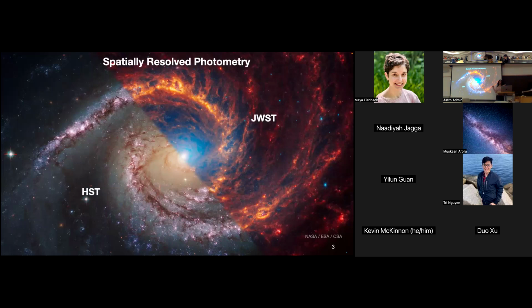So what is spatially resolved photometry? Here you see an image of a galaxy. So usually when we estimate the properties of a galaxy, for example, star maps, we take a single aperture of the galaxy, and then we take all the light within, and then we estimate our galaxy properties for that.